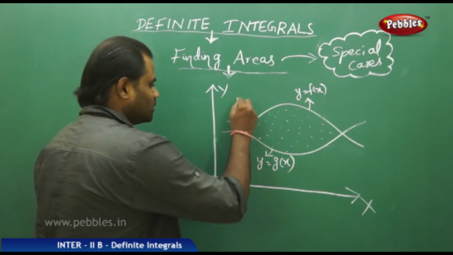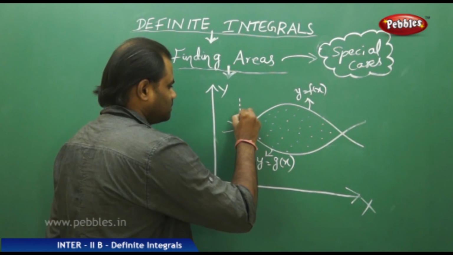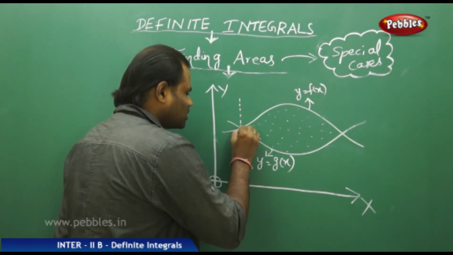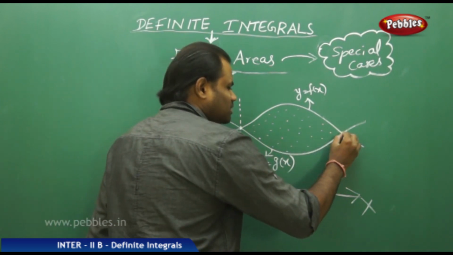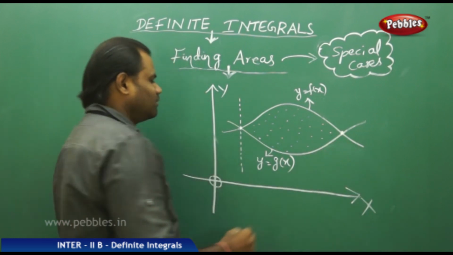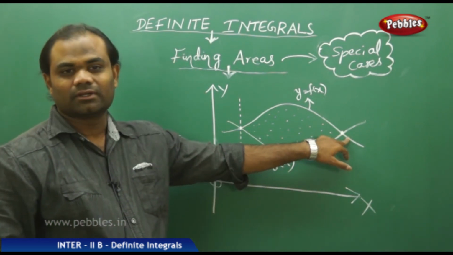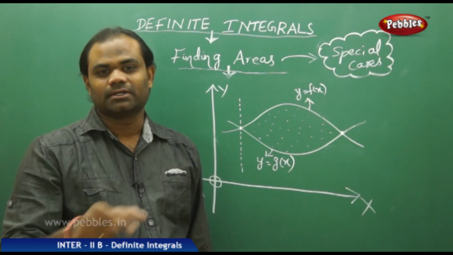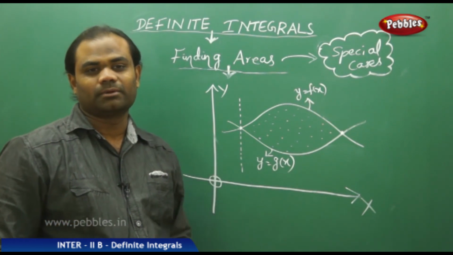So as we know, we have two points of intersection of the two curves, one given out here and the other given out here. So the points of intersection of the two curves will help us in deriving the lower and upper limits.